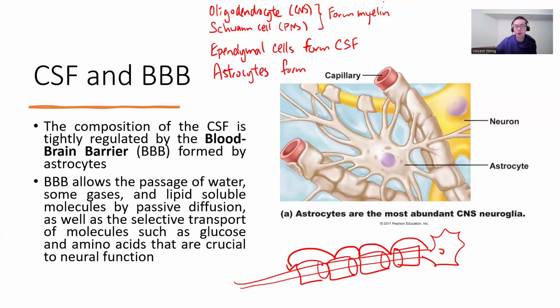And what do they form? I guess it says right here, right? It forms the BBB, blood-brain barrier. All right? Different types of glial cells performing various functions to either support the neurons directly or indirectly.